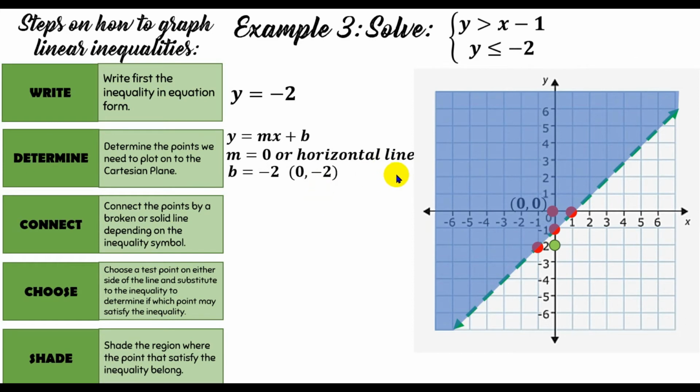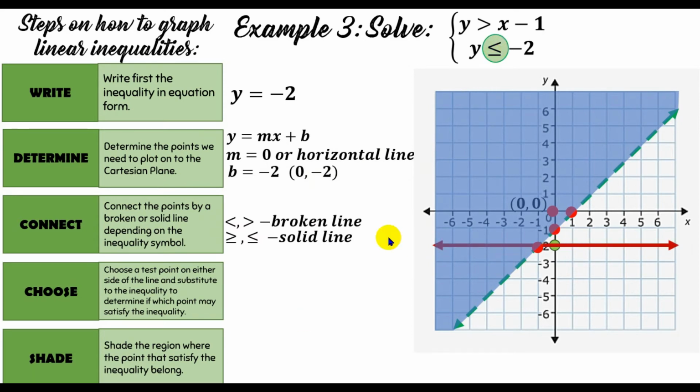Ano nga bang line yung dapat nating i-draw? Broken ba or solid? So, meron tayong less than or equal to. Kaya po yan ay solid line. So, we have to draw a solid line passing through this point. And then, next is to choose the test point. And since ang atin pong line na ito ay hindi naman dumaan sa ating origin, again, we can use the origin, 0, 0. So, substitute natin siya sa y is less than or equal to negative 2.